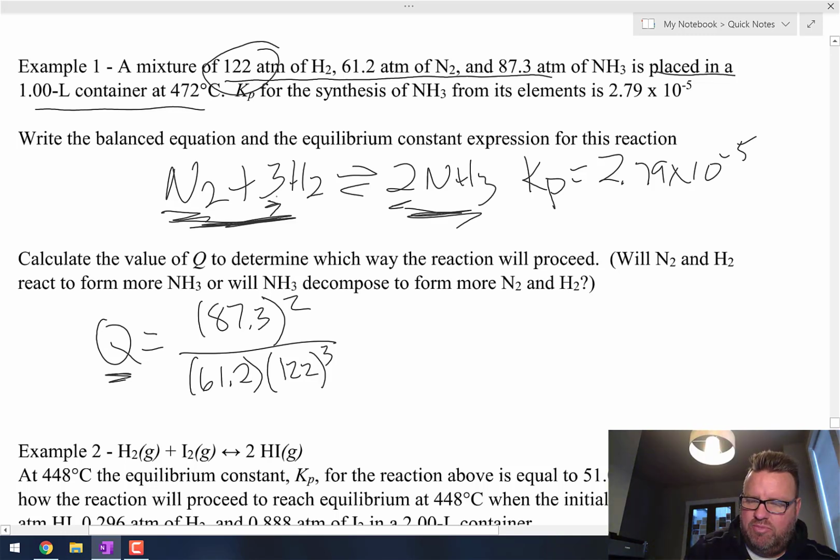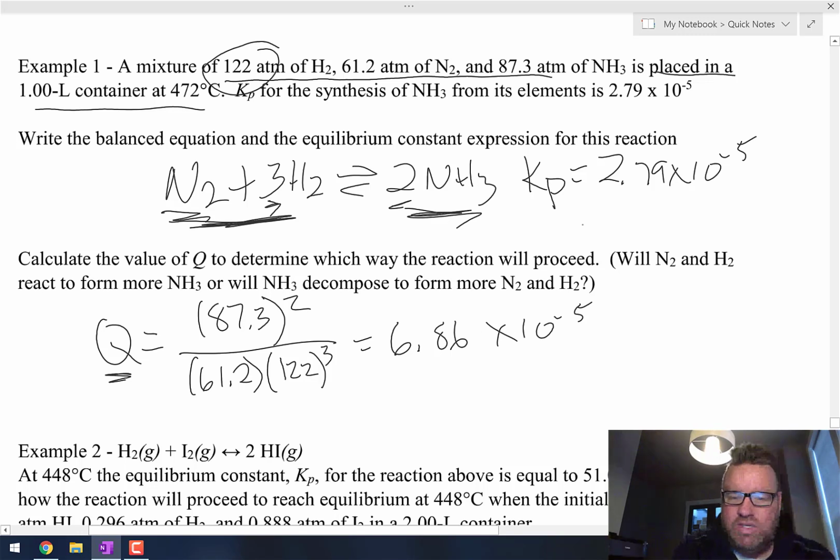So 87.3 squared divided by 61.2 divided by 122 raised to the 3rd power equals 6.86 times 10 to the minus 5th.